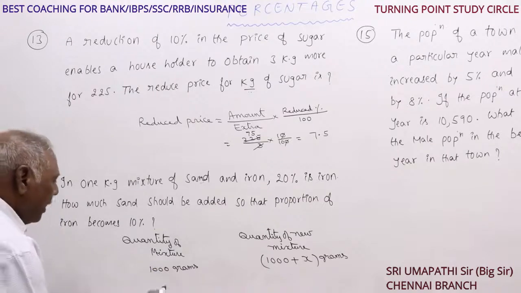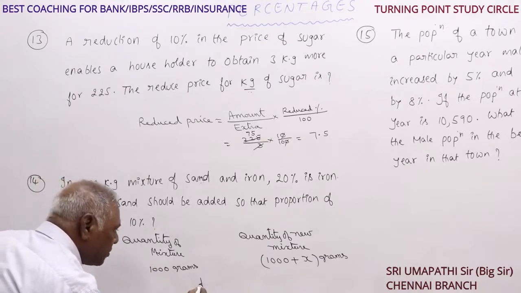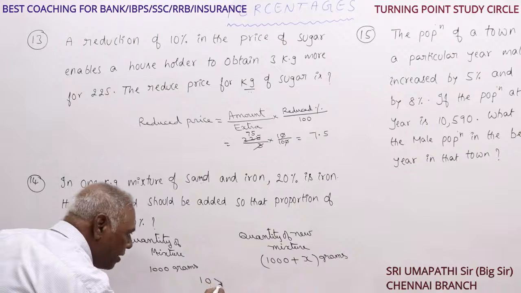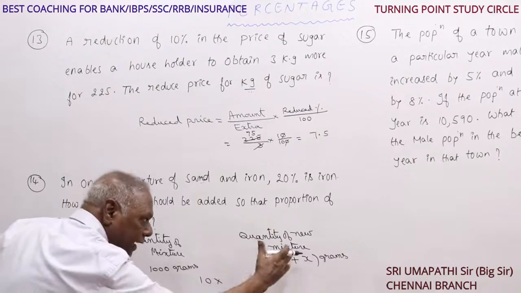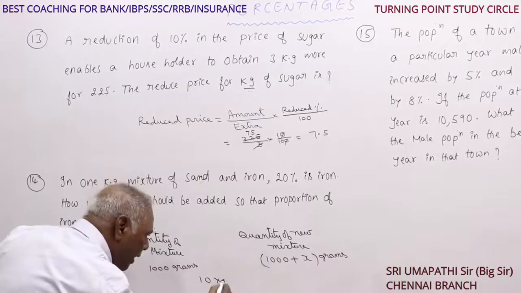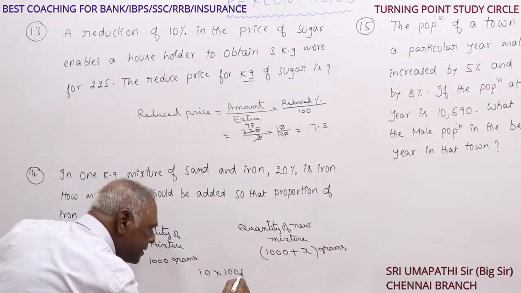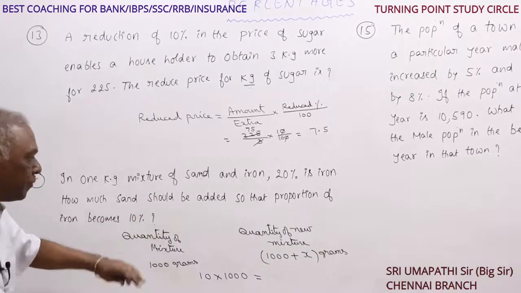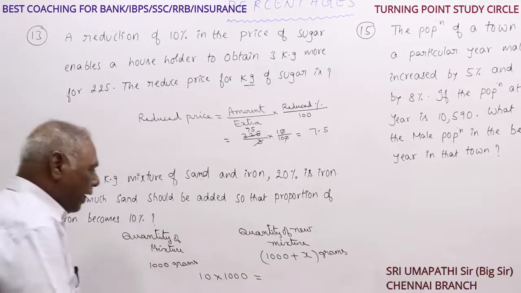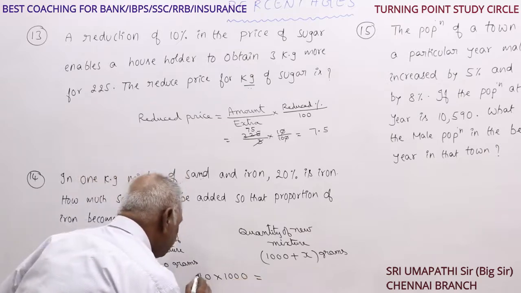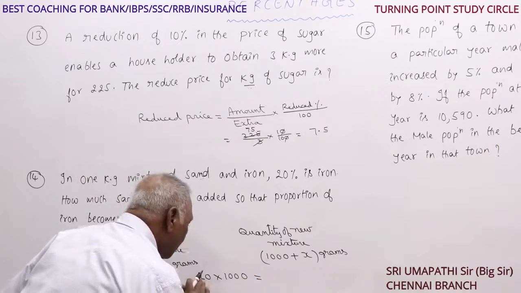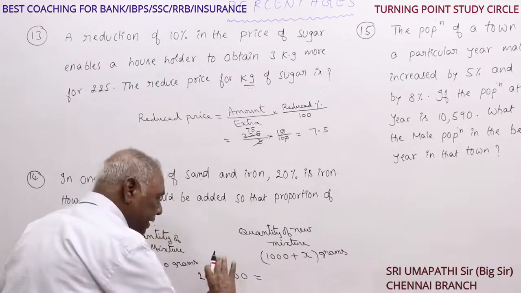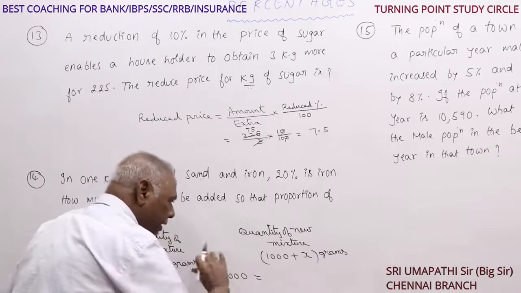So here, what is the 10% of 1000? So 10 by 100, here also by 100, we can omit. So 10% of 1000, that is the quantity of iron in the first one given. It is 20% of 1000, that is iron in the first quantity given.